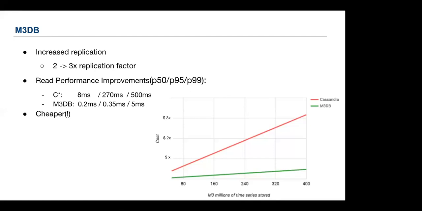M3DB proved to be really cheap, as you can see in the graph. Since Cassandra was expensive, we were only able to use a replication factor of 2, and we were not comfortable with that because for a quorum, you need at least a replication factor of 3. But once we moved to M3DB, we were able to bump up our replication factor, and it still proved to be cheaper.